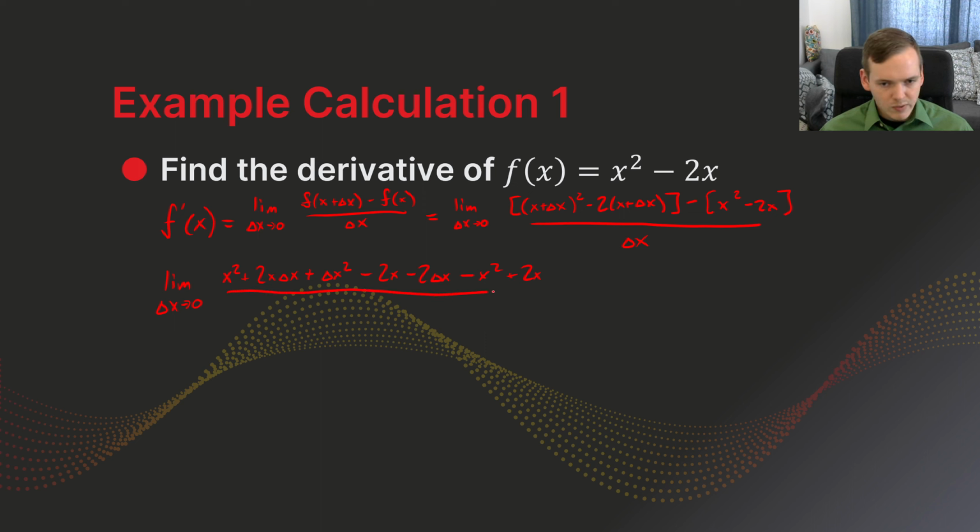Pause the video here if you need to take a second to check and make sure I didn't make any mistakes. But now we can go on and we have limit as delta x approaches 0.